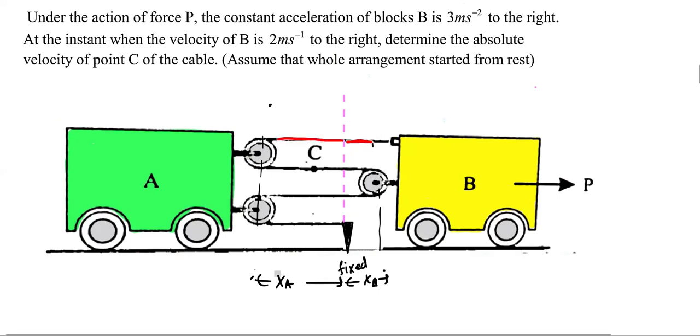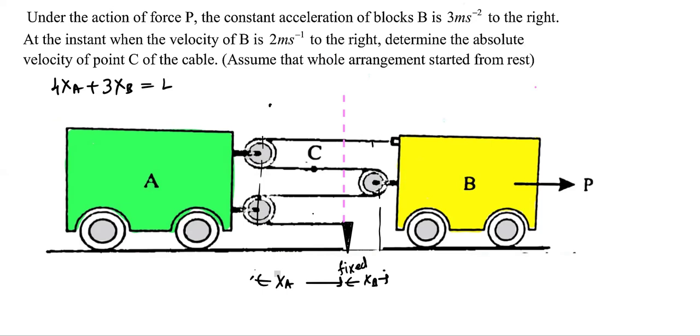This will correspond to XC. This will be XA, XA, XA. The change in length of these segments corresponds to the displacement of block A. The change in length of these segments corresponds to the displacement of block B. So this should be equal to 4XA plus 3XB equal to L.